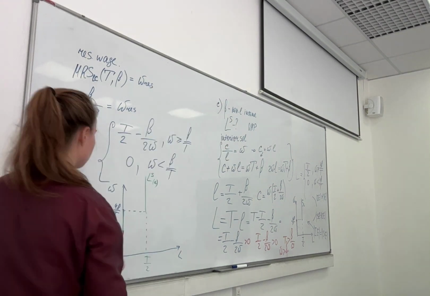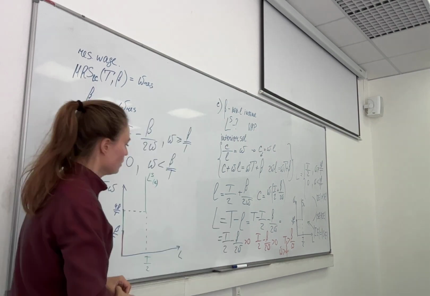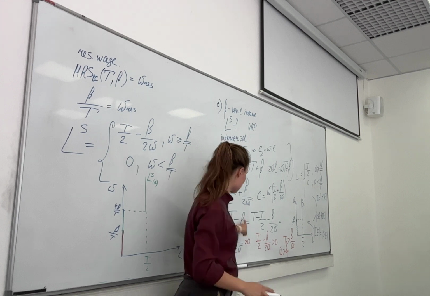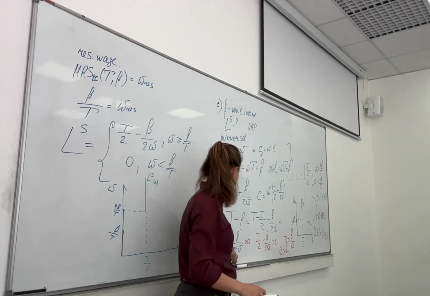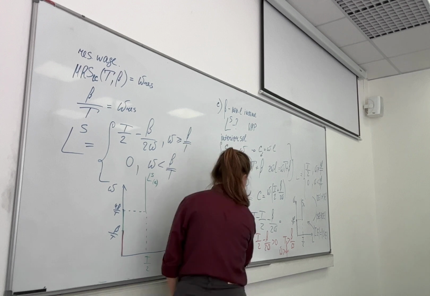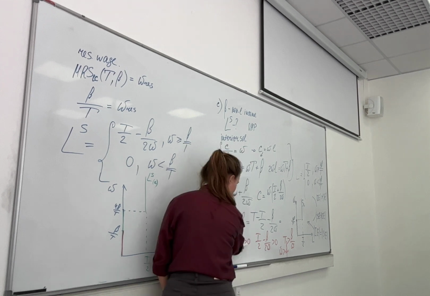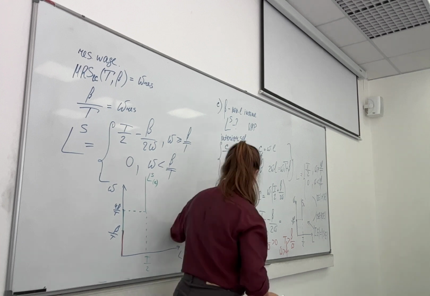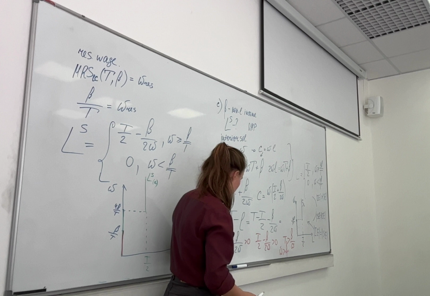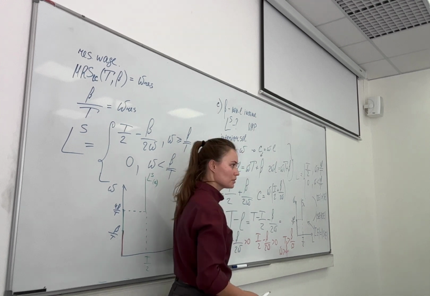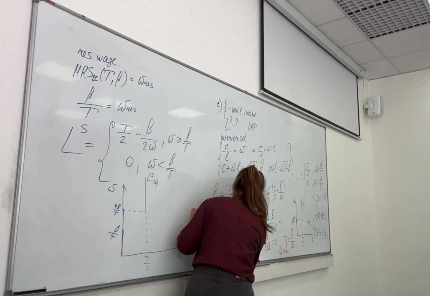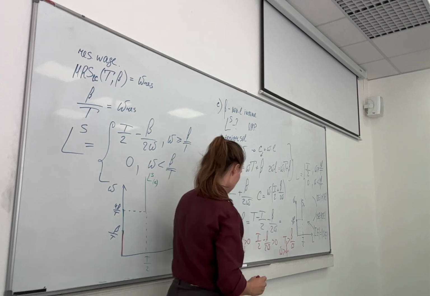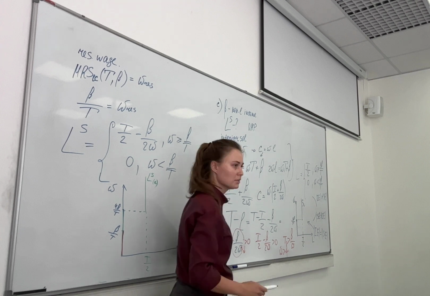This part, but then how will this labor supply look? What we see is that the higher the wage, the lower this part, and our labor supply becomes closer to T over 2.